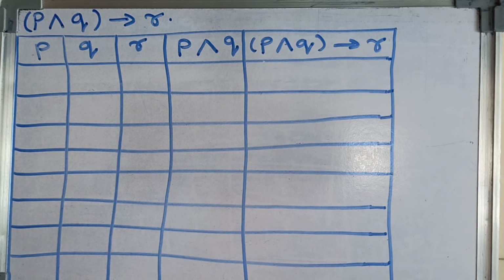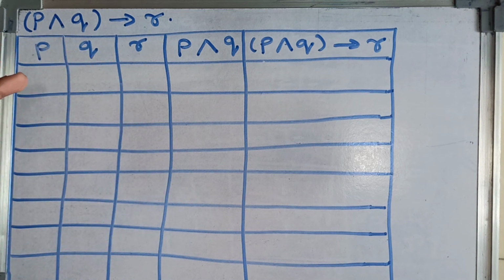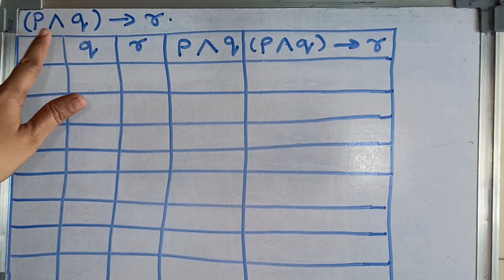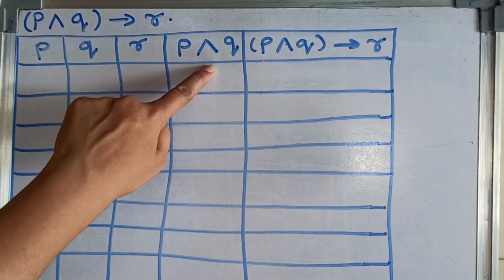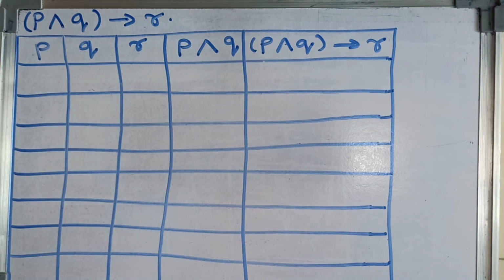Next truth table, P and Q implies R. The first 3 columns will be your component statements, P, Q and R. Then next, in the bracket we have P and Q, so that will be our next column, and in the end we will have the statement given to us. Now we start writing the truth values of the first 3 statements.